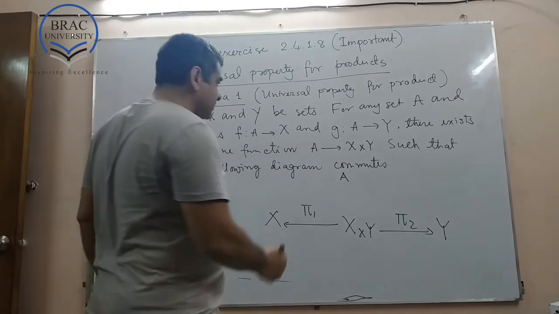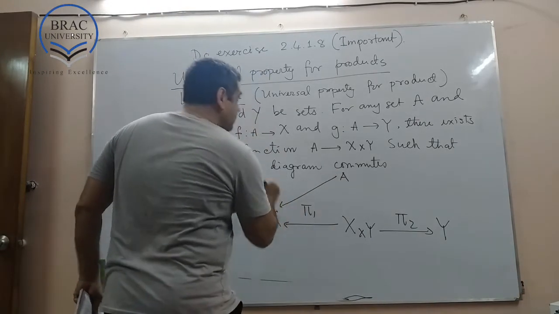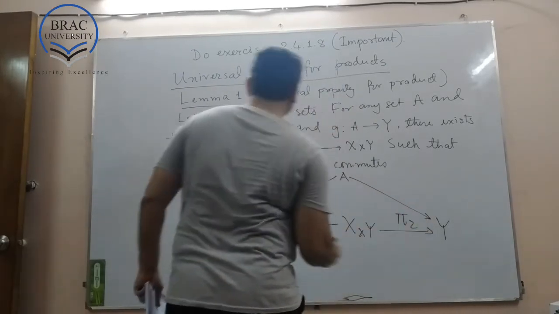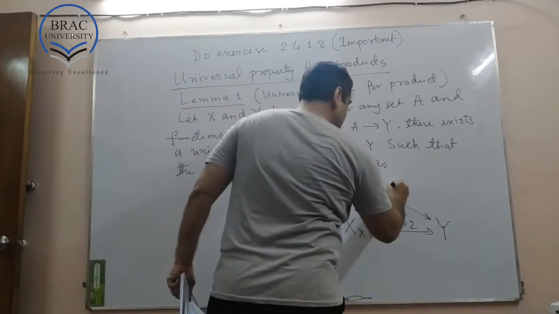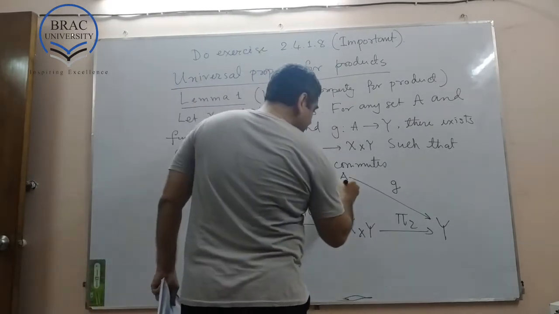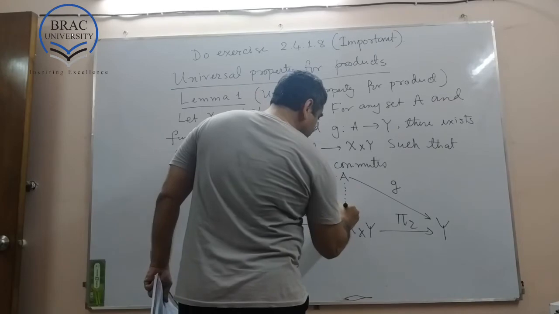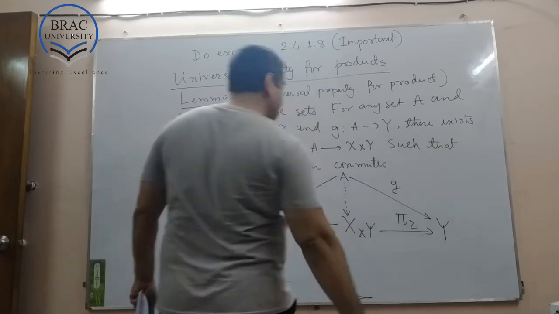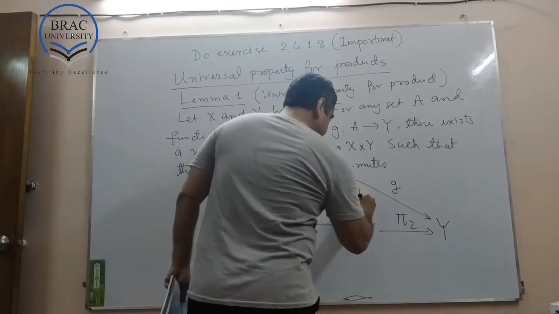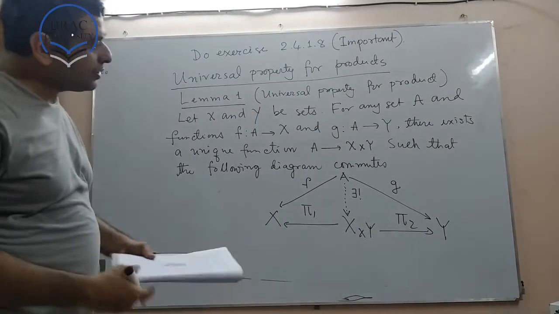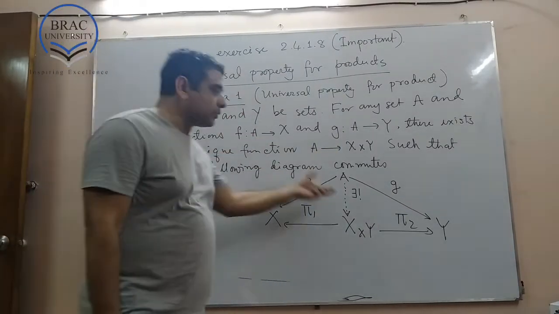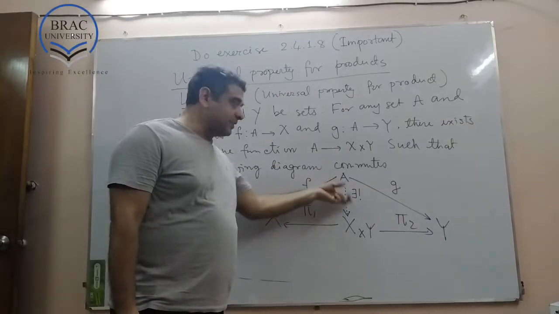From A to X is given a function f, and from A to Y is another function g. And according to the lemma, there exists a unique function given by this dotted arrow from A to X cross Y. So we have to figure out what this unique arrow means.